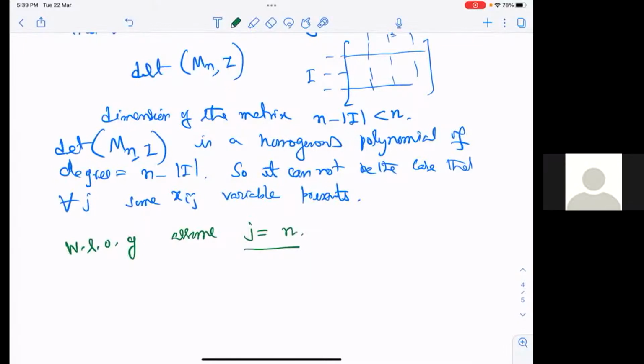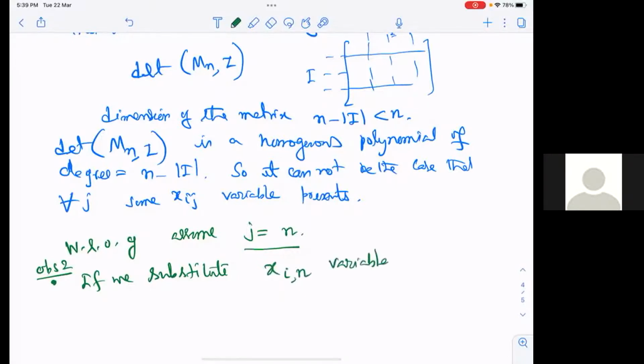That means, this is another observation, observation 2. If we substitute the x_in variables to 0 in LHS and RHS, what do we get?